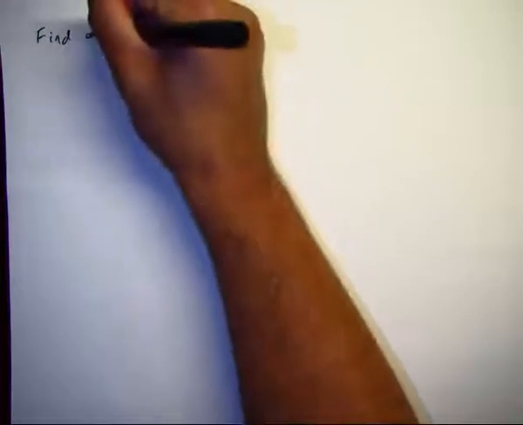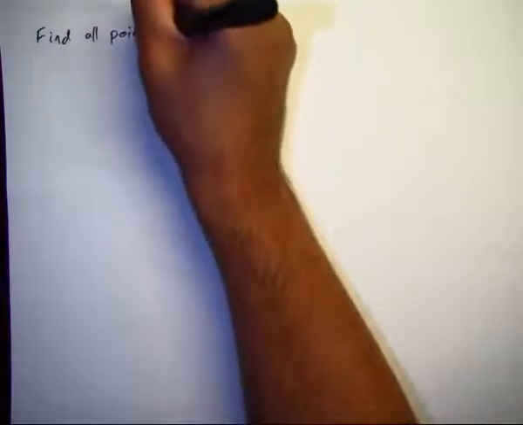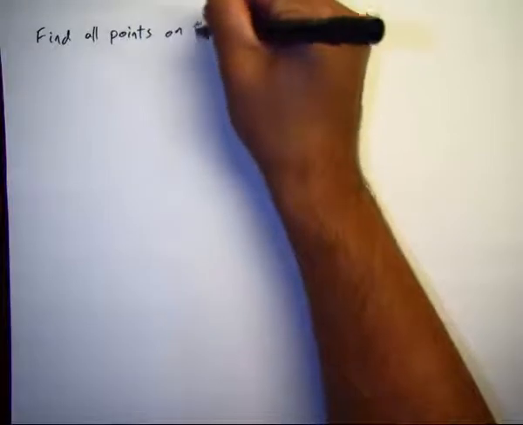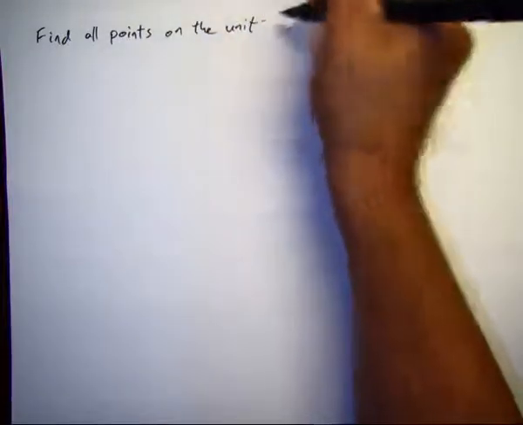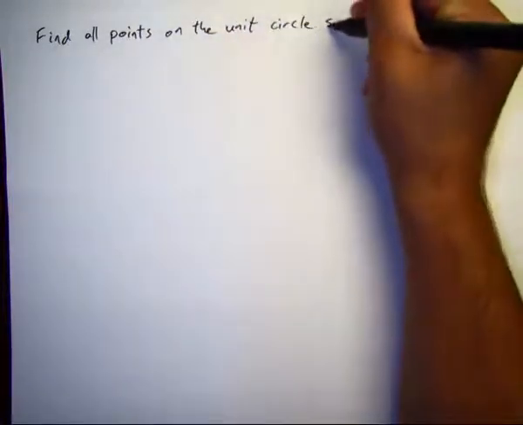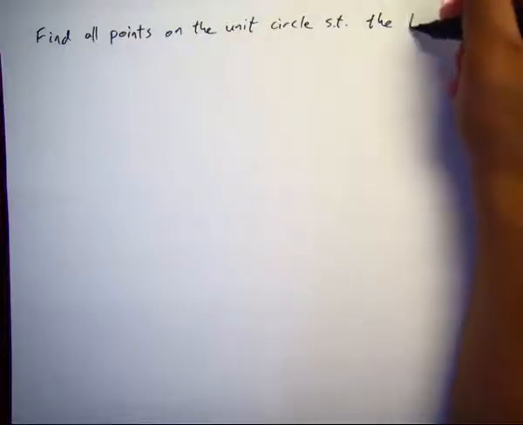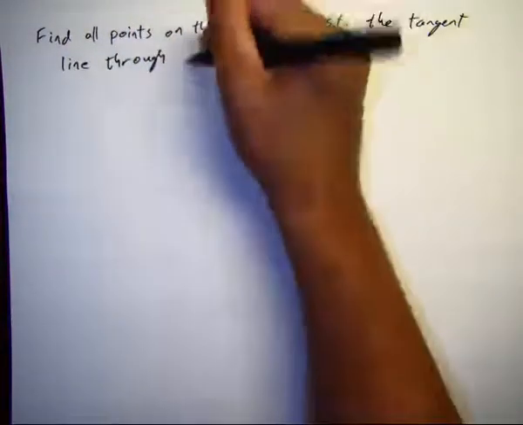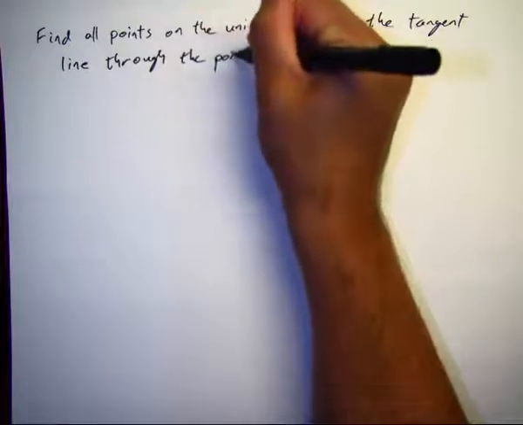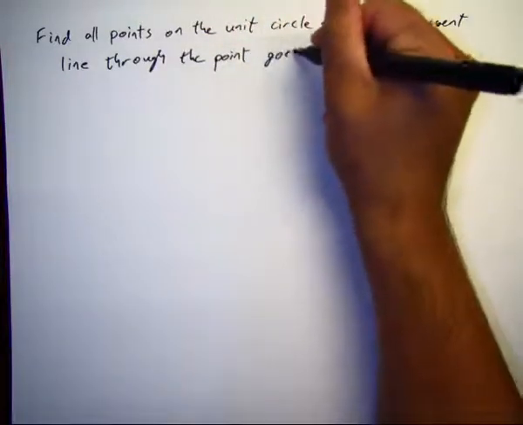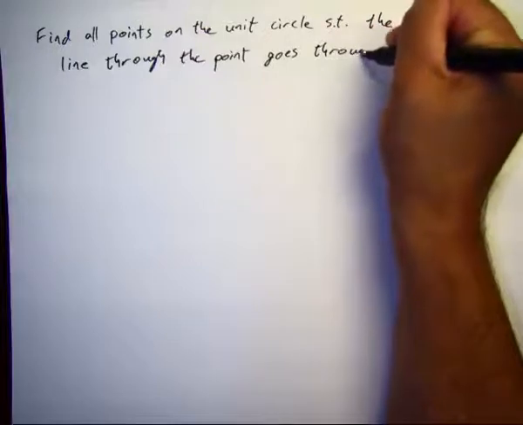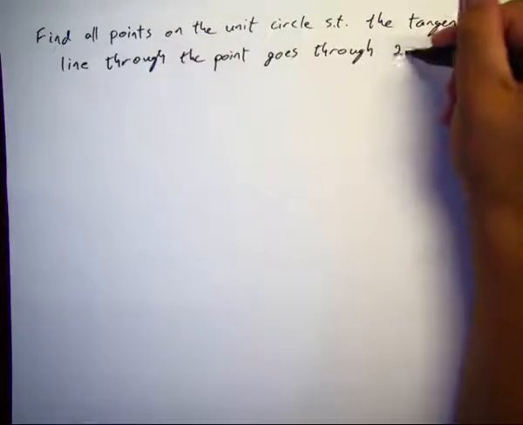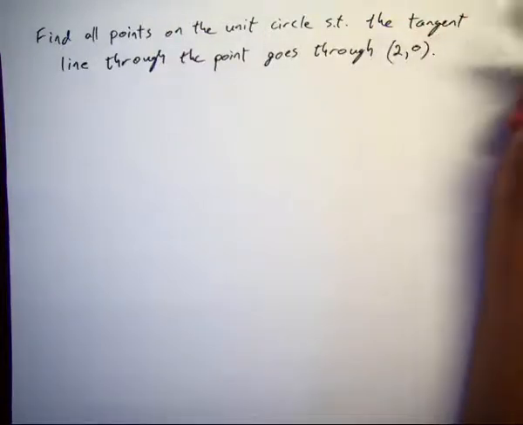So let's ask something along the lines of: find all points on the unit circle such that the tangent line through the point goes through, let's say, (2, 0).